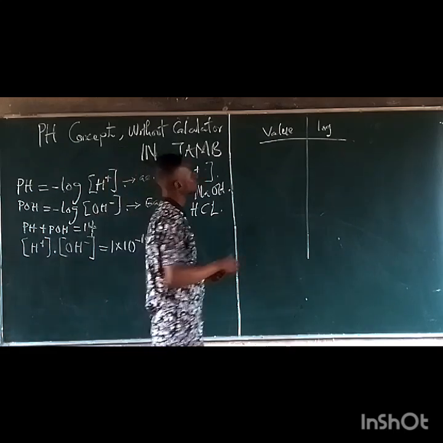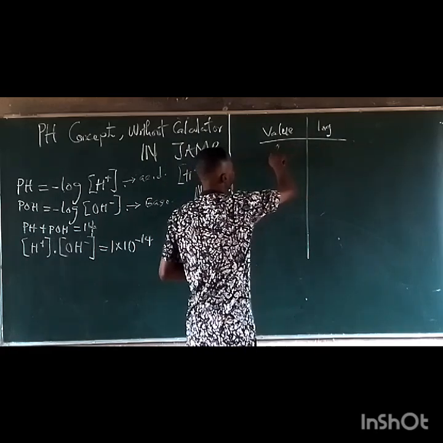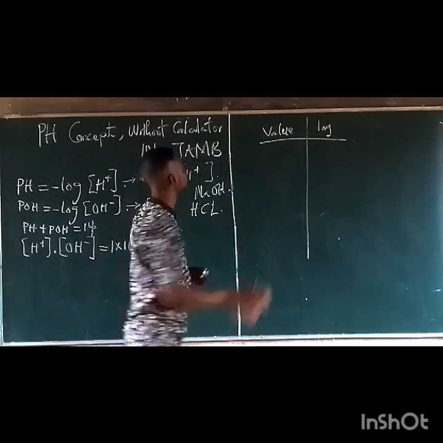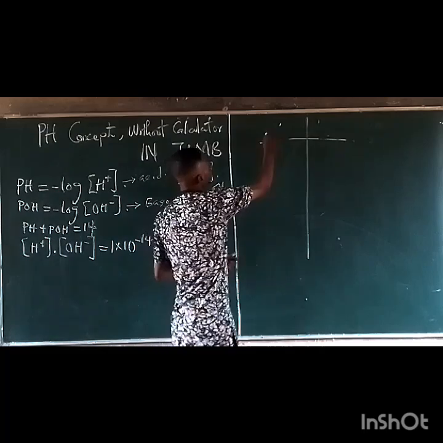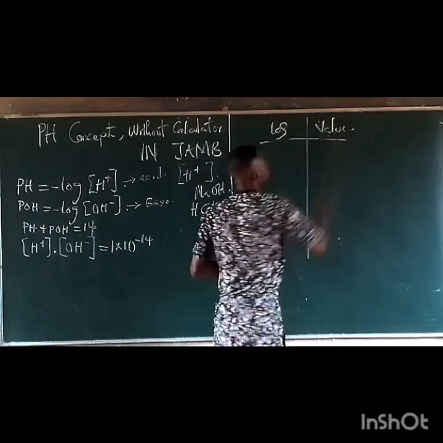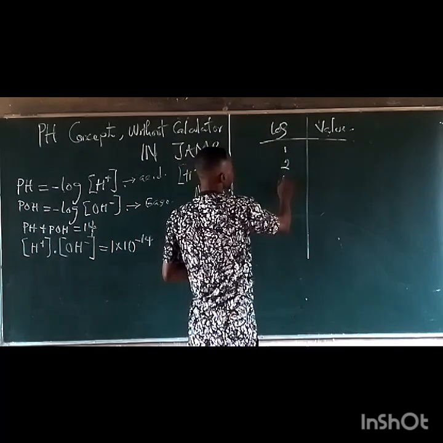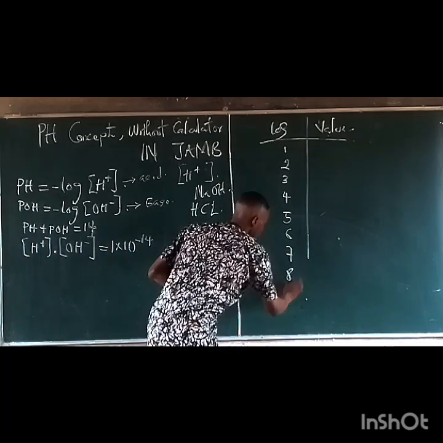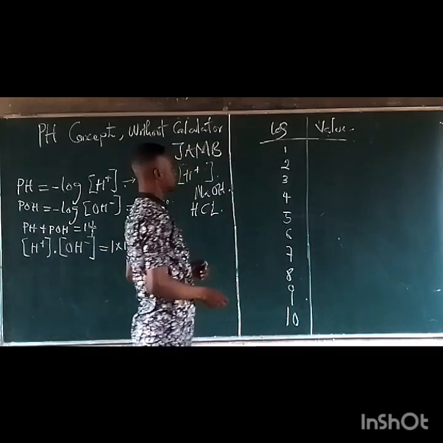Now, let's put the value here, and the logarithm of the value here. We have 1, 2, 3, 4, 5, 6, 7, 8, 9, 10, as you can see here.